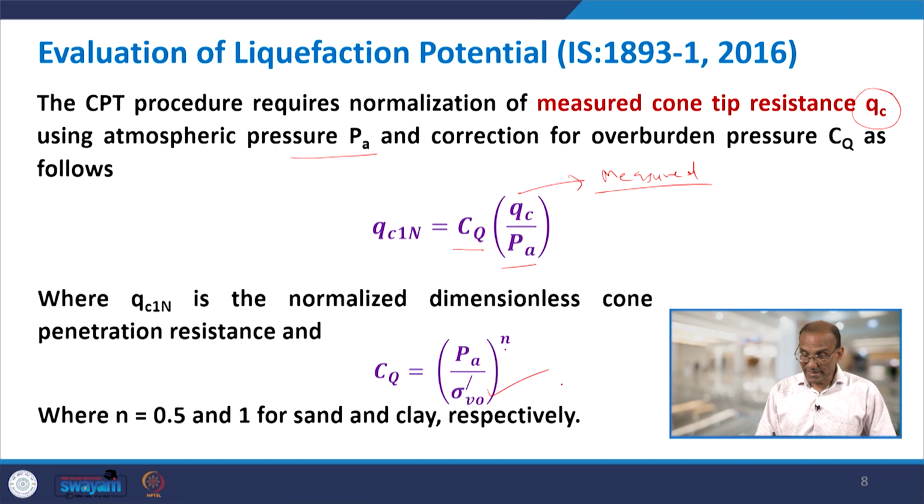The exponent n depends on the type of soil. For sand it is 0.5, but for clay the value of n is 1. So everything is known here. QC is measured from the field, and then we find the normalized QC1N, which is obtained from this equation, and then we go further.